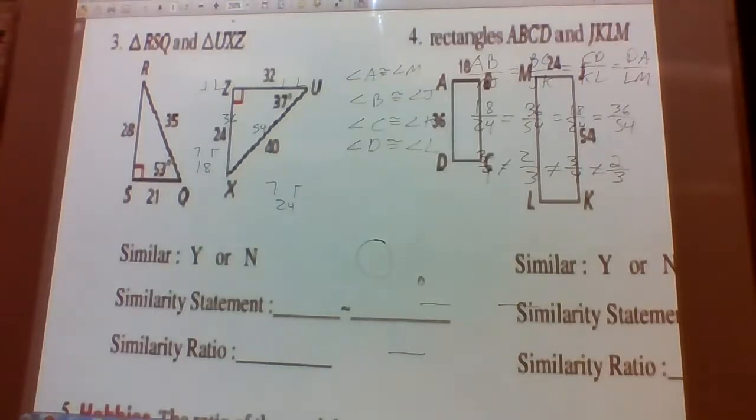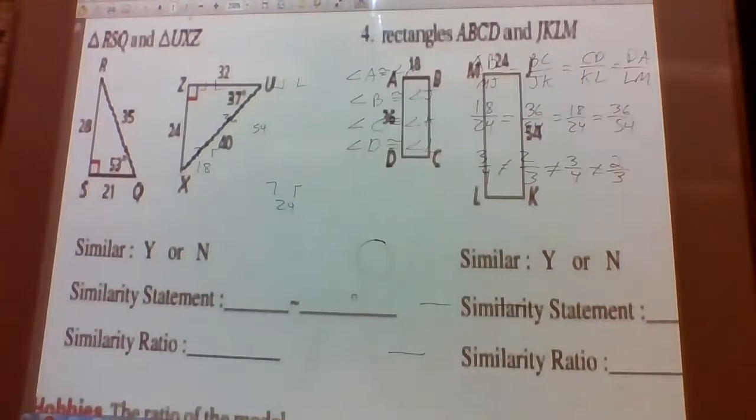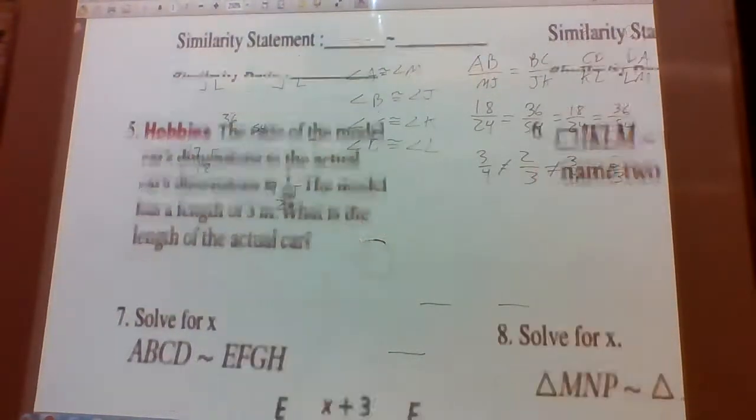You have to have all four angles congruent and all four sides proportional for two quadrilaterals to be similar.